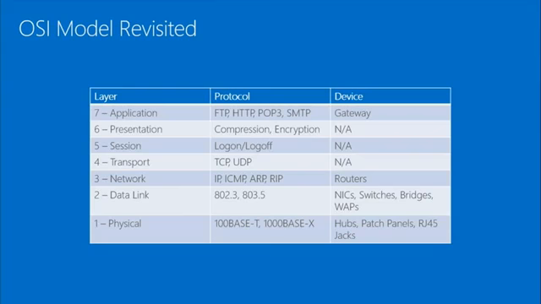And then again, the OSI model revisited. If we take a look at the slide here, we see application, presentation, session, transport, network, data link, and physical. We see the different protocols associated with each layer, and the different devices that might be associated.